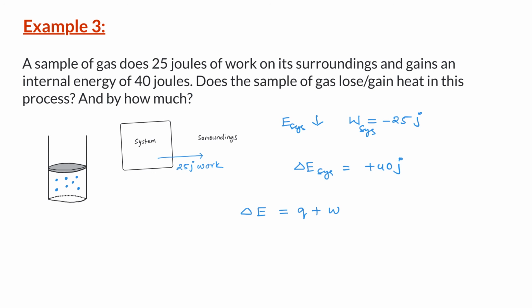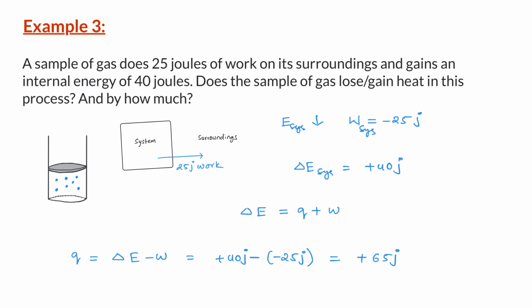Plugging in the values of change in internal energy and work and solving for Q, we get Q is equal to delta E minus W, that is plus 40 joules minus of minus 25 joules. If we do the math, we get plus 65 joules.